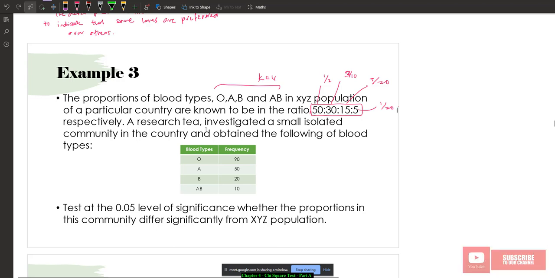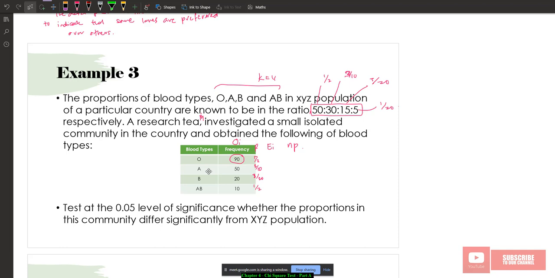So this is a research team that investigates a small isolated community in the country and obtains the following blood types. So this is the observed frequency, Oi, and then you need to calculate the expected frequency, which is n multiplied by p. So the p here is 1 over 2, this is 3 over 10, this is 3 over 20, and this is 1 over 20.